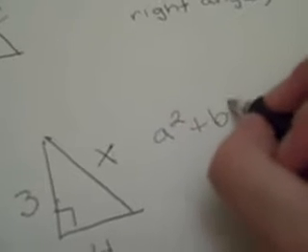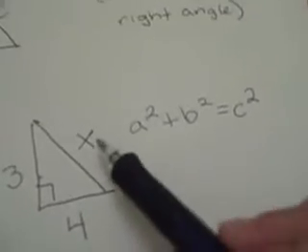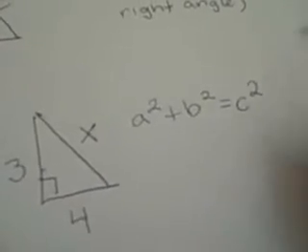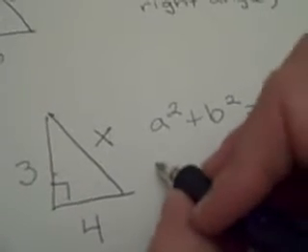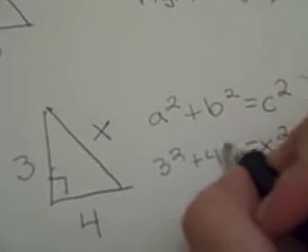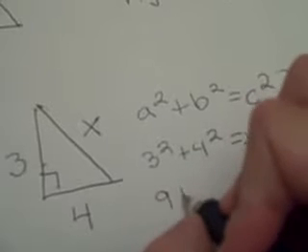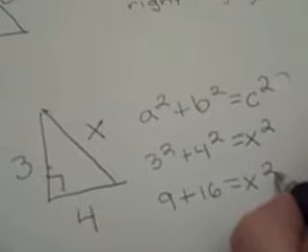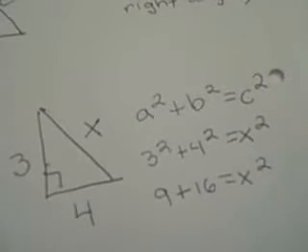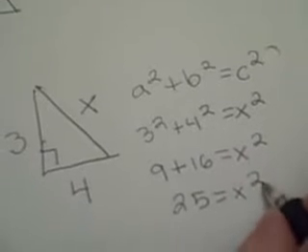A squared plus b squared is equal to c squared. X is across from our right angle, so x must get plugged in for c. Now we have 3 squared plus 4 squared is equal to x squared, which gives us 9 plus 16 is equal to x squared, which will equal 25 equals x squared.